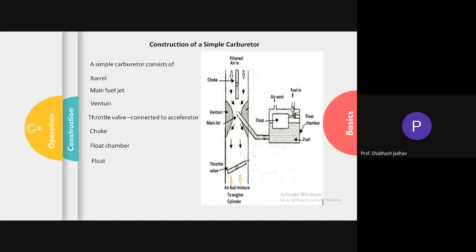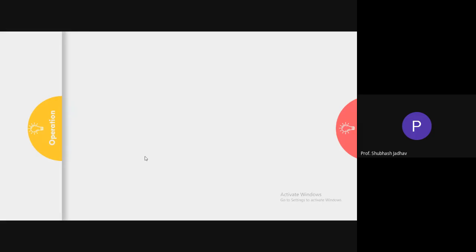Whenever the level goes down, it allows the fuel to come in. Whenever the level moves up, it decreases the fuel, and whenever it reaches the maximum expected level, it closes the fuel coming in. Okay, so the fuel is coming in from the fuel tank. It will be coming into the float chamber. So that is about the float.